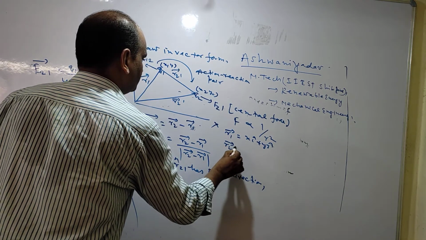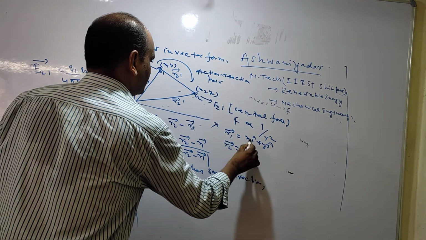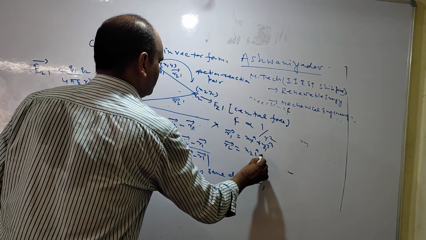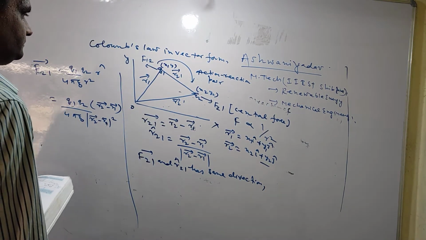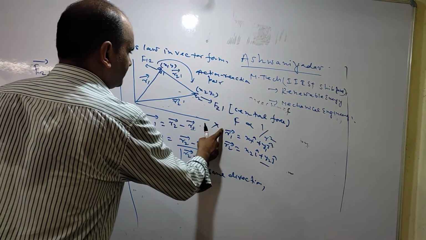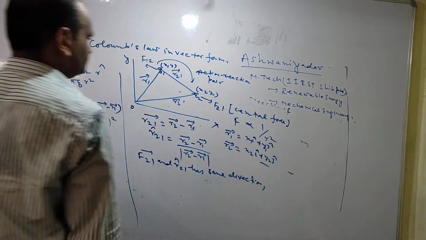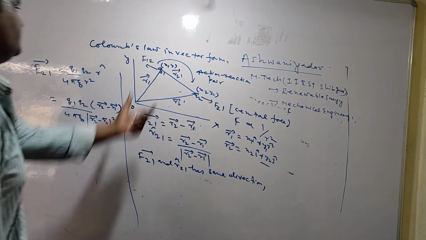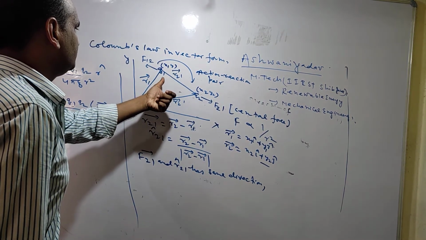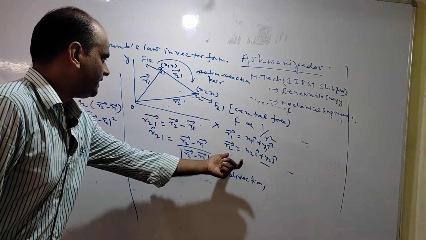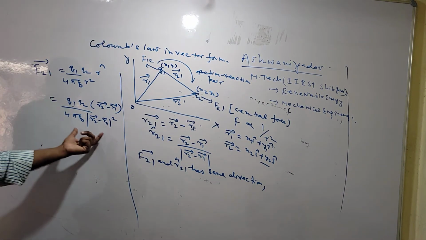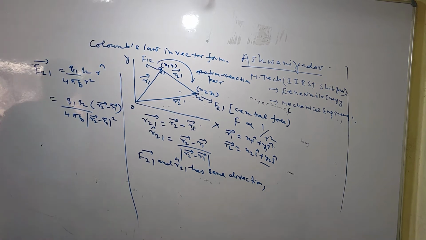Similarly, r2 is equal to x2 i and y2 j. And r2 minus r1, just subtract these. Once the positions are specified, you are able to find this, and finally this expression.